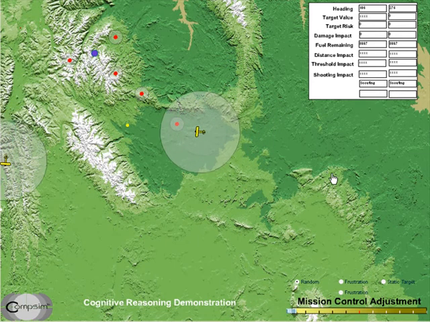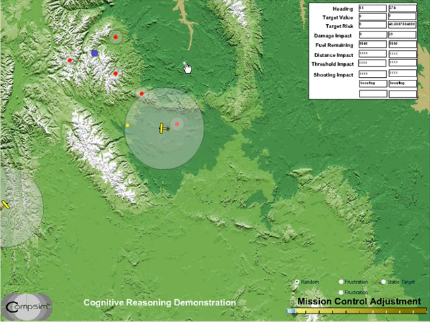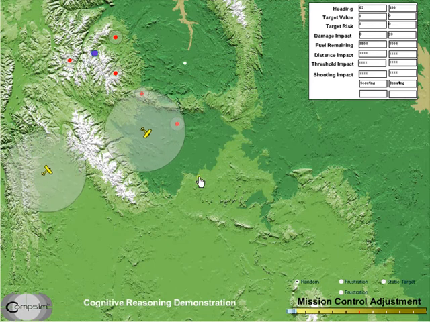Note the evasive maneuver as the UAV flies over a red defensive site. Also note the damage that the UAV incurs as it sustains incoming fire.